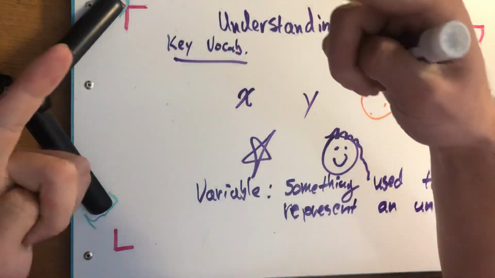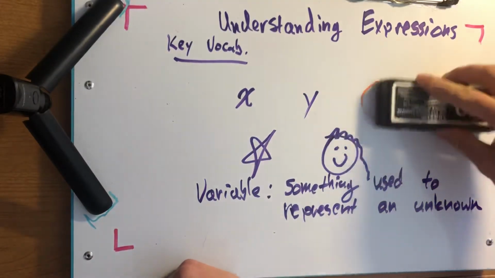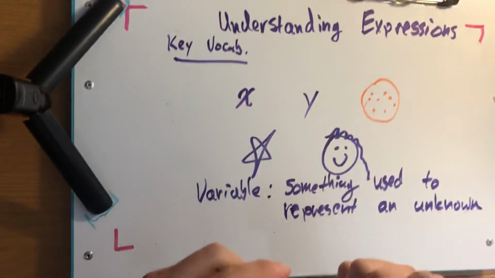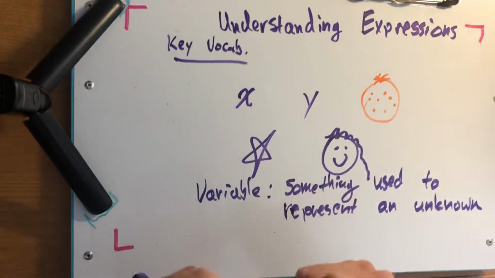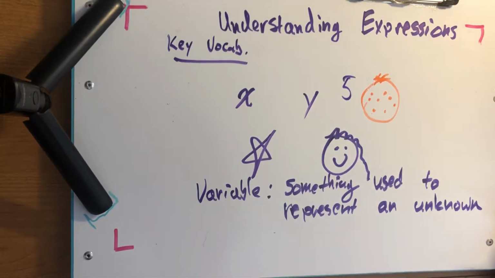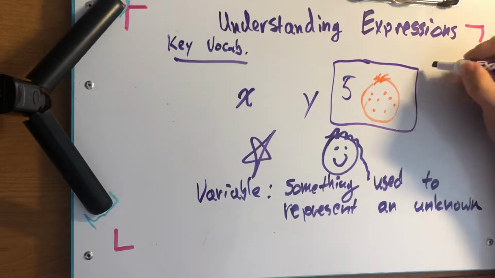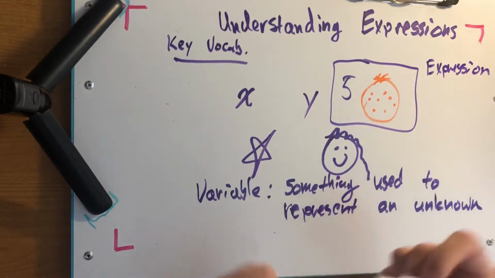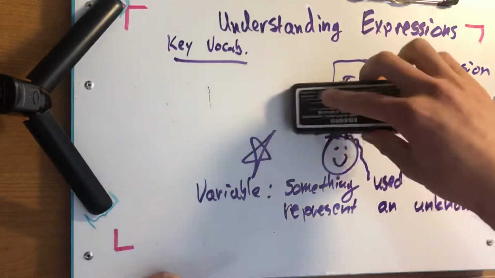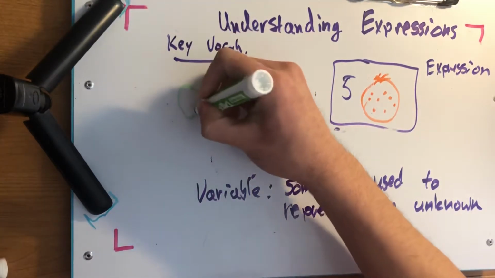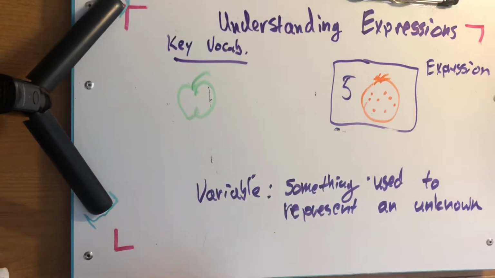So if we go back to our previous language, we can turn each of these into expressions and equations. That's an orange. We could say that we have 5 oranges. That's an expression. Or if we're doing something else, we could say that we have an apple.